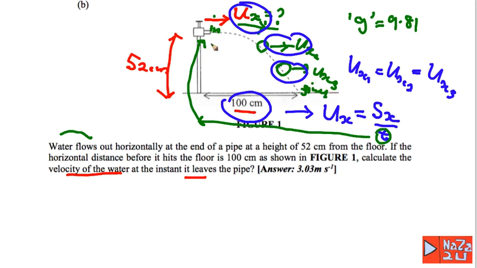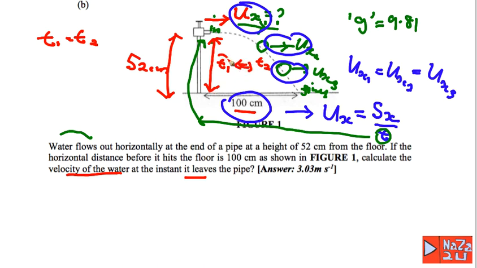Let's say T1 is the time taken in the vertical direction from the top level to the ground level, and T2 is the time taken along the projectile path. Time 1 is equal to time 2, meaning the same time for T1 and T2.